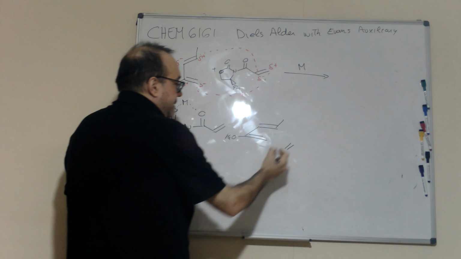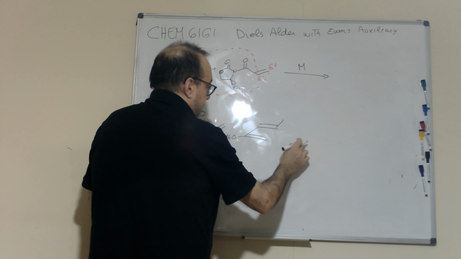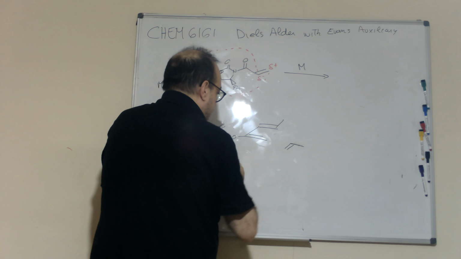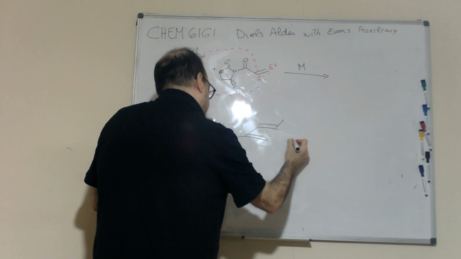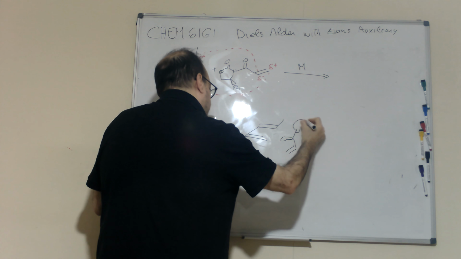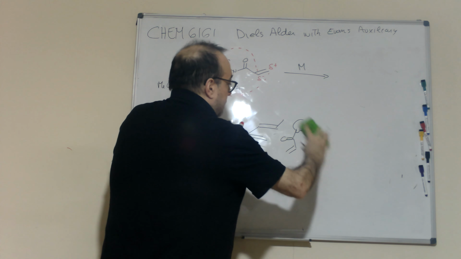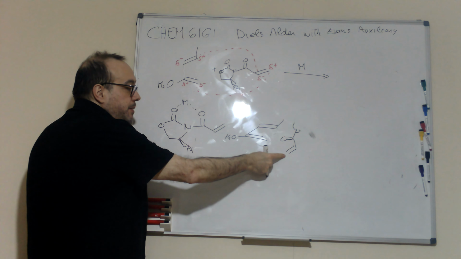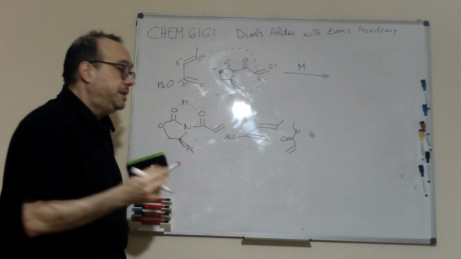This is the double bond, and I have to put the diene in this direction, remember? And the carbonyl group inside, because remember that the Diels-Alder is always endo.